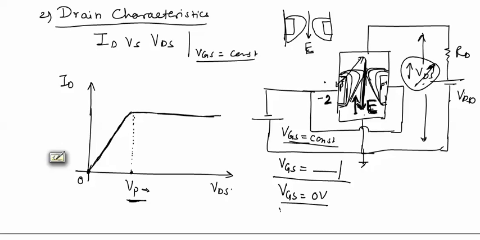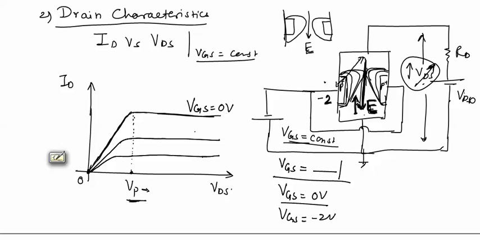If we set VGS equal to -2 volt, then we will get the same graph, but it will be drawn below, and these will be the curves for higher values of VGS. This curve is for VGS equal to 0 volt, this curve for -2 volt, and this curve for VGS equal to -4 volt. These are the drain characteristics of JFET.